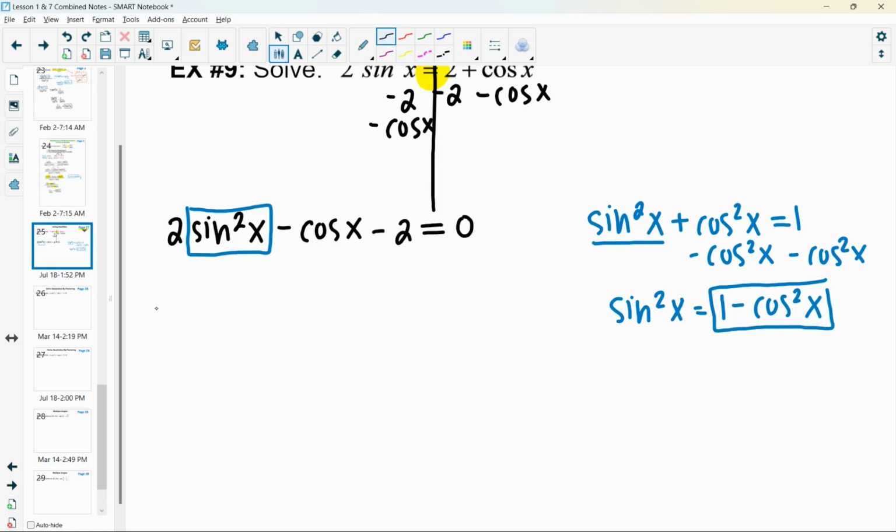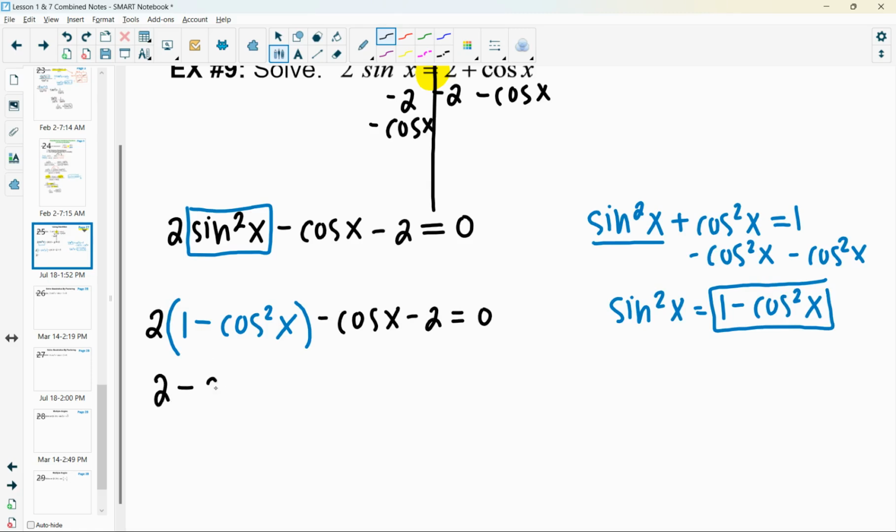So be careful of this 2 out here, right? And then you're going to plug in 1 minus sine squared, or sorry, 1 minus cosine squared. So make sure you get a parenthesis around that because you need to plug that whole thing in and you need to double it. So now we'll distribute the 2.